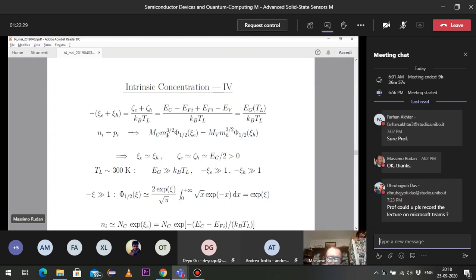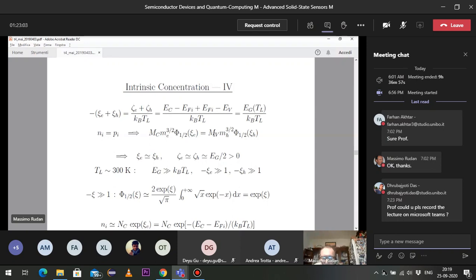So the smallness of the effective mass of the electrons almost compensates for Mc being larger, okay? So we may say that the product Mc times me to the 3/2 is almost equal, not exactly, but almost equal to Mv times mh to the 3/2, okay?